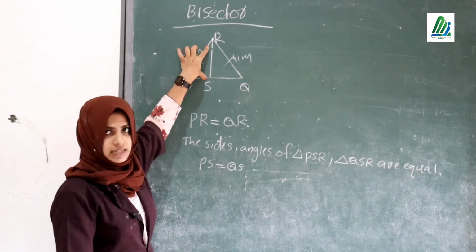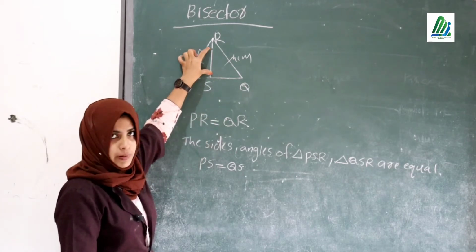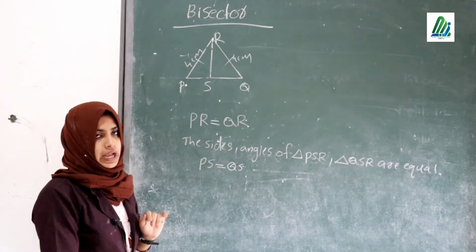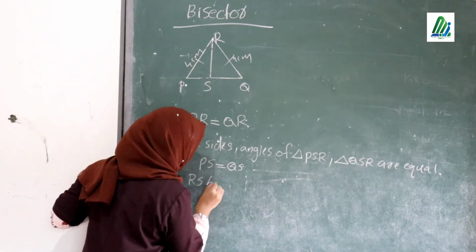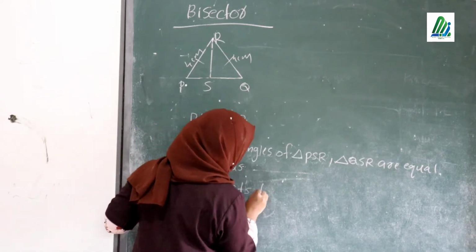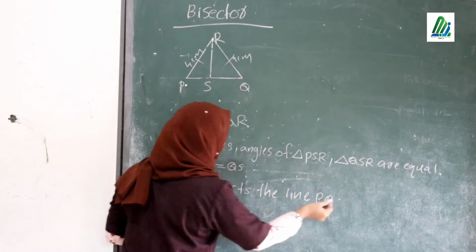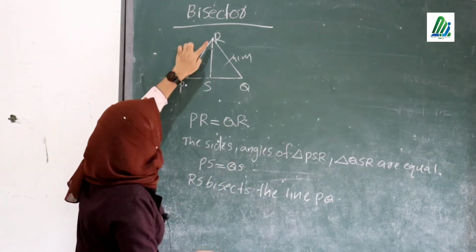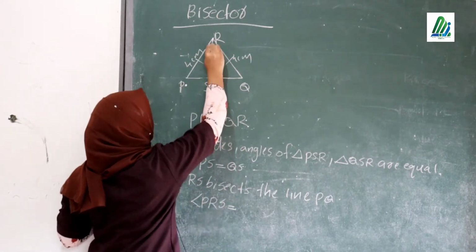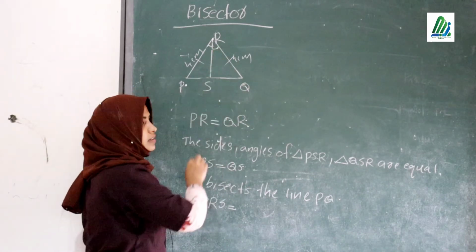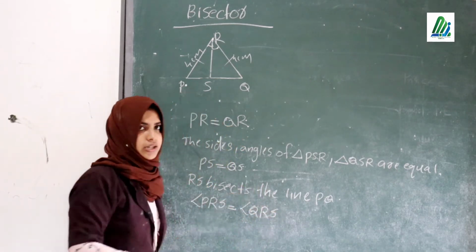And RS bisects the line PQ, and the angle PRS, this angle, and the angle QRS, this angle, are also equal.